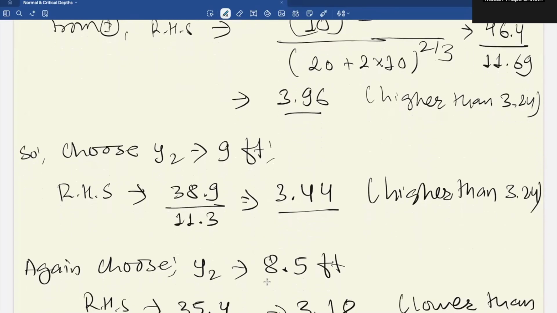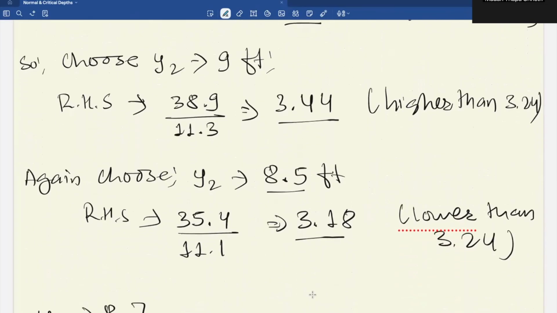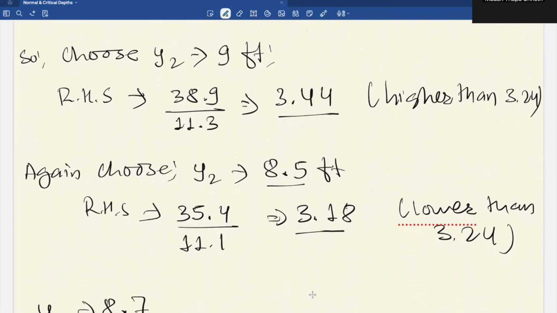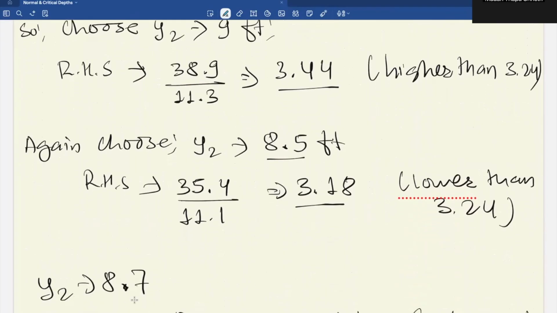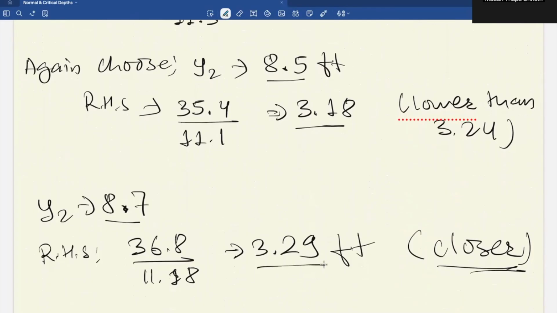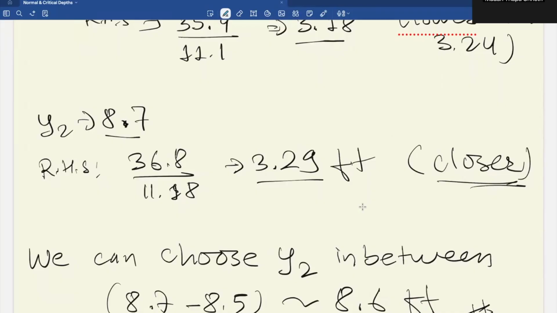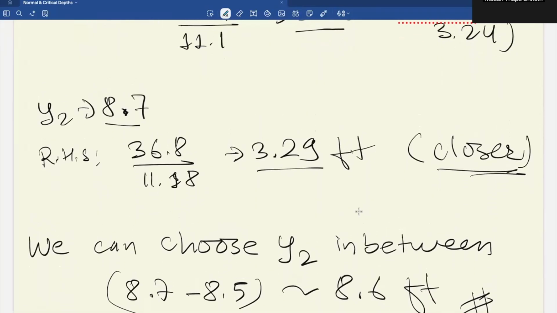Again, let us choose 8.5. That gives us 3.18. It is lower than 3.24. Now let us be more precise and use y2 as 8.7, and that gives us 3.29. So the value between 8.5 and 8.7 will be the new normal depth. It is not precise, but approximately 8.6 feet.